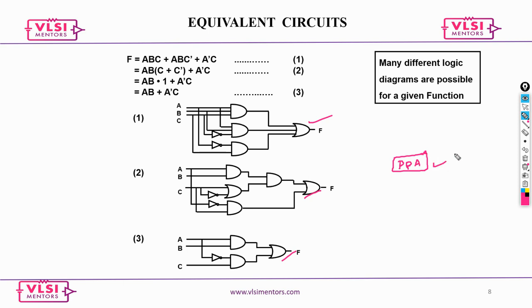That is where most of the learnings are. How do you optimize your power, your performance, and your area, what are the different cells that you would use, and all of that. So our main focus would be on PPA.